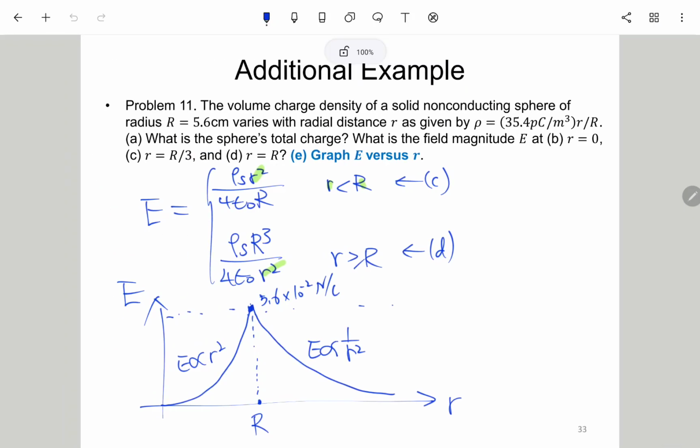So this additional example, I think it is a little bit out of scope. It is quite demanding on calculus knowledge, but I just want to let you know that in the course or even in the exam, the calculation would not be as difficult as this one.